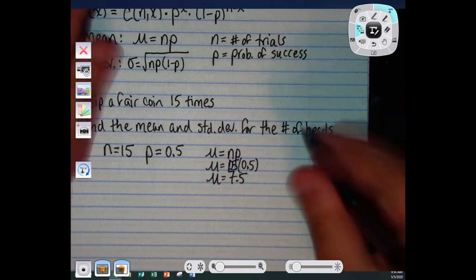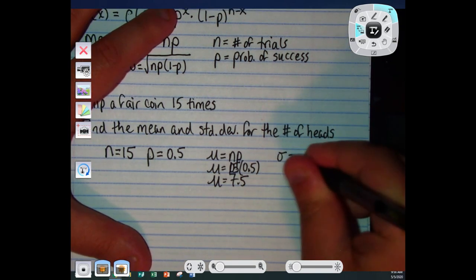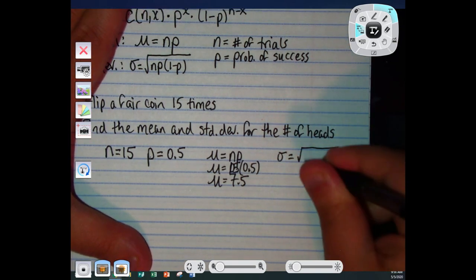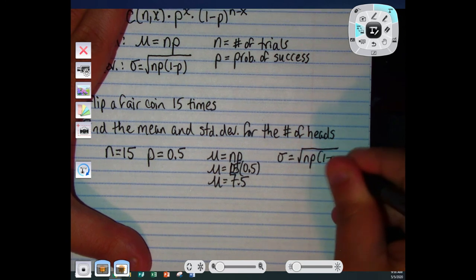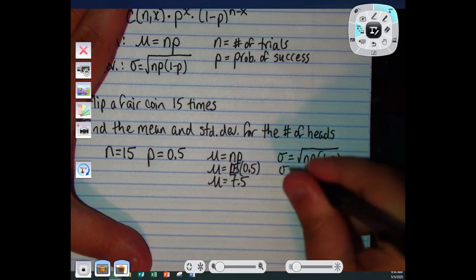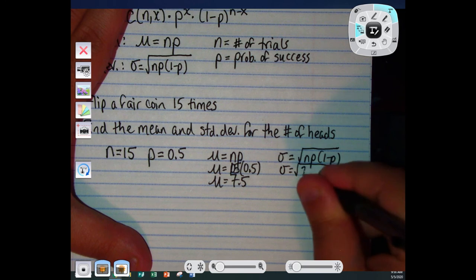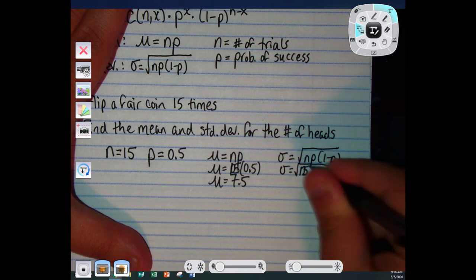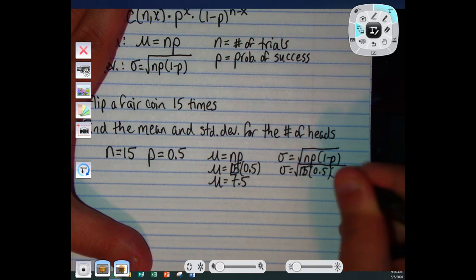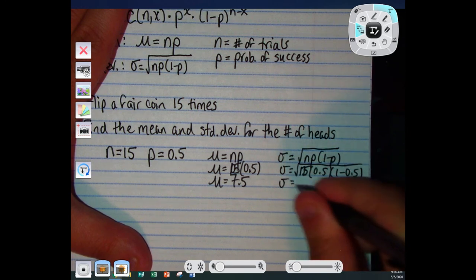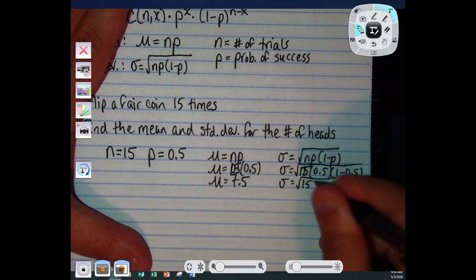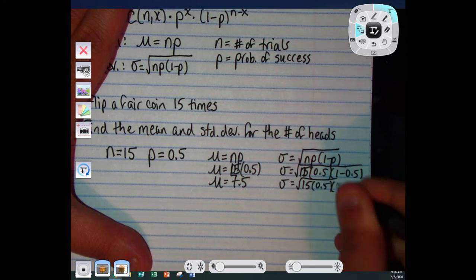Okay? Now we calculate sigma. So sigma is the square root of n times p times 1 minus p. So it'd be 15 times 0.5 times 1 minus 0.5. So this ends up being the square root of 15 times 0.5 times 0.5.